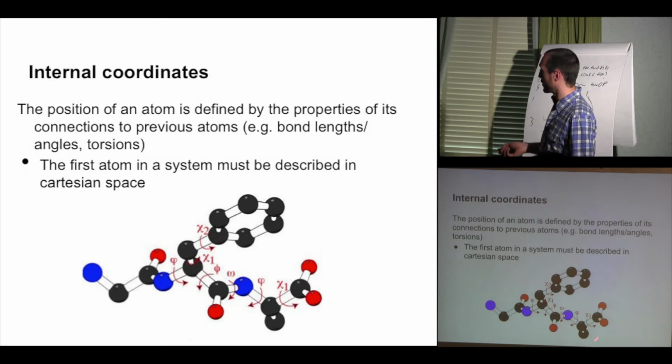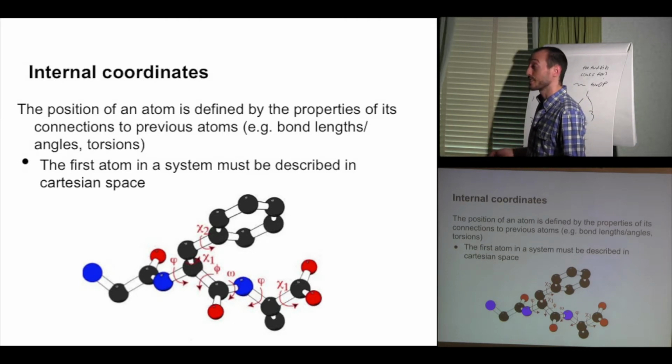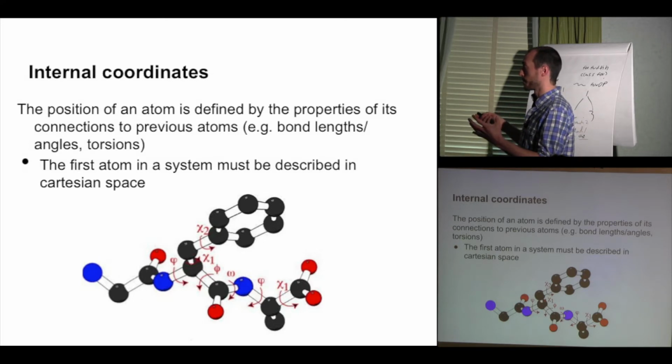Great, so this is just a figure that I stole that's showing some of the internal coordinates of phenylalanine in this case. Why do you need to? I thought the whole power of internal coordinates is that you don't specify a reference frame, right? You don't have to give a Cartesian coordinate to a particular atom, but at the root of your system there needs to be a Cartesian coordinate somewhere.